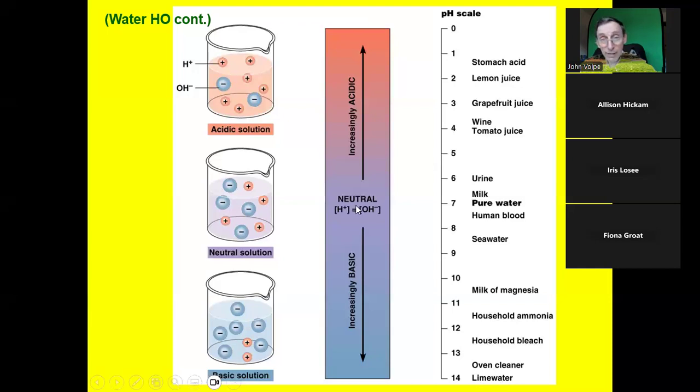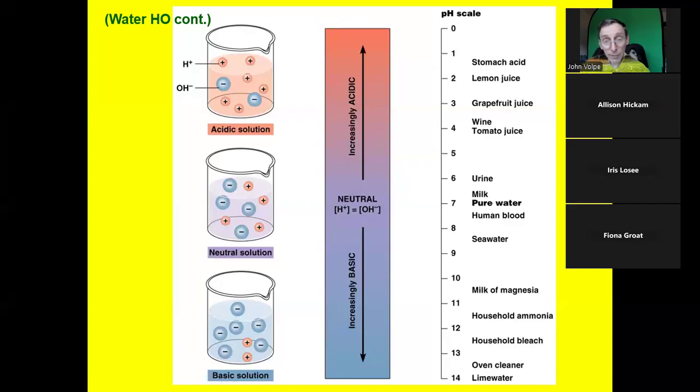So, increasing H+ concentration, we have increasing acidity. Decreasing H+ concentration, increasing OH- concentration, we have increasing alkalinity. And a base and an alkaline mean the same thing, by the way. Any question about any of that?